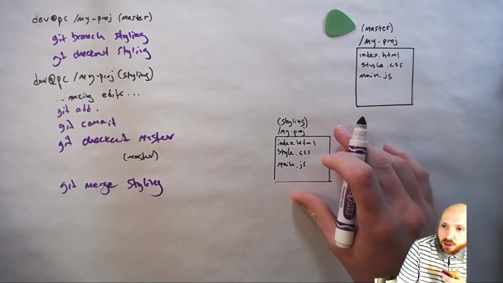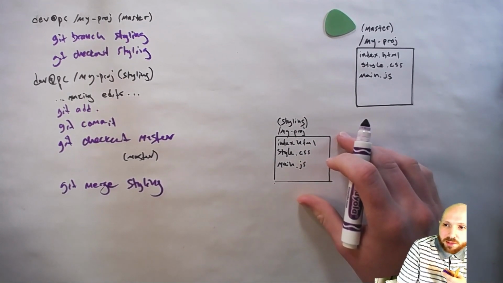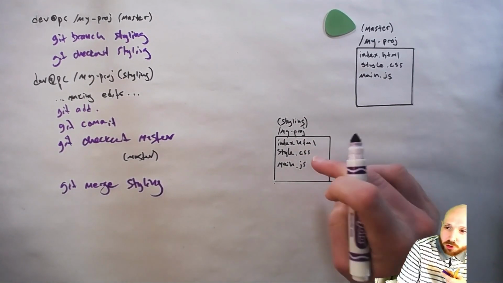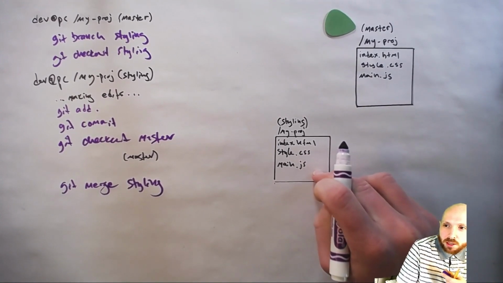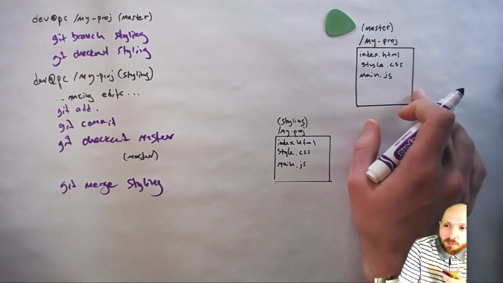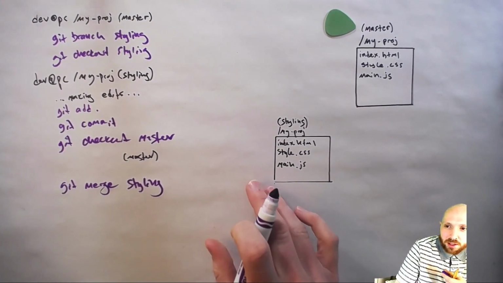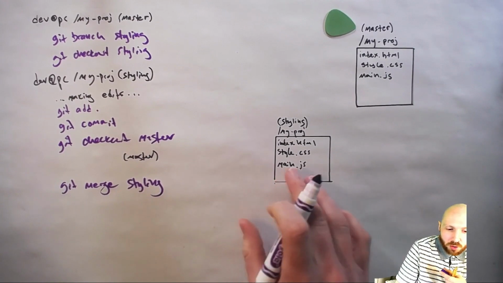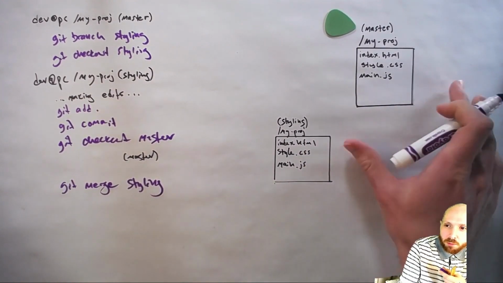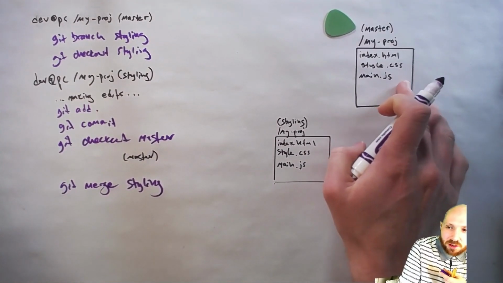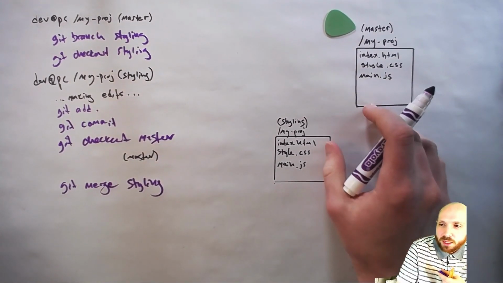Other times branches are kept around, in which case you can just recheck out that branch. Make sure you merge master so that any changes since you last worked on styling are reflected. So you're going to want to recheck out styling, merge whatever changes have happened to master since you were last there, and then repeat the process.